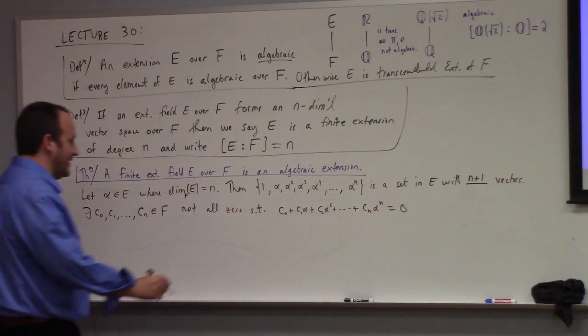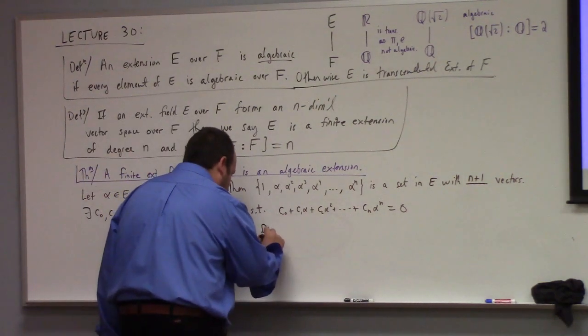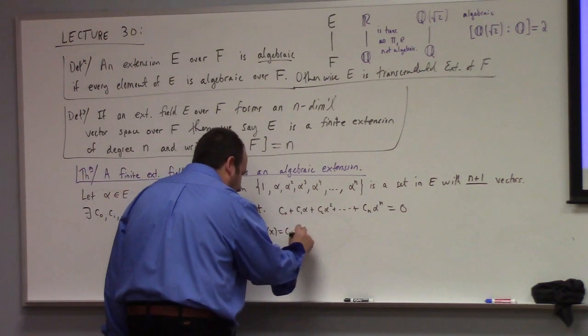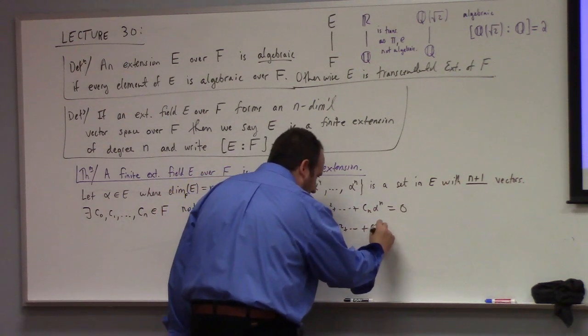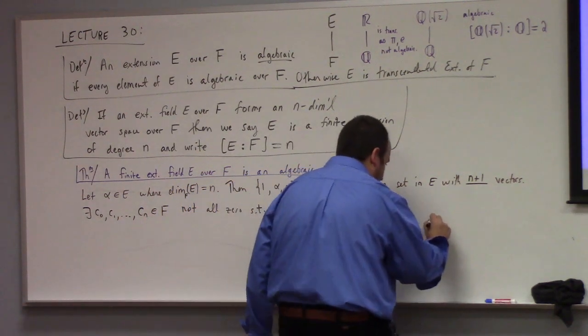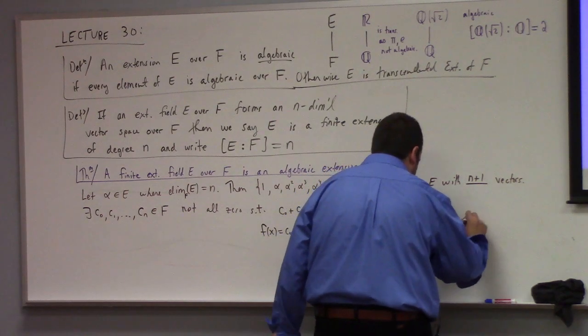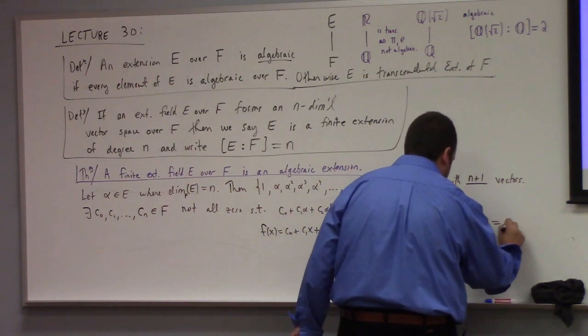Wow, look at that. So we let f of x equal c0 plus c1 x plus c2 x squared plus through cn x to the n, and observe that f of alpha equals 0.